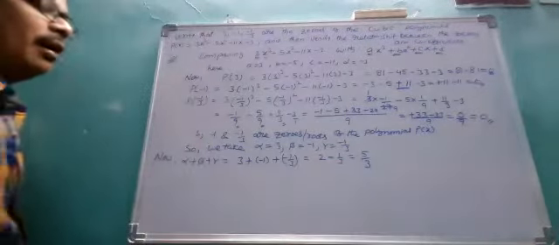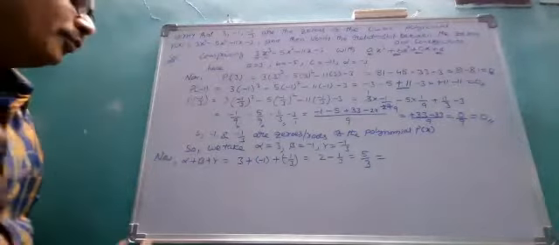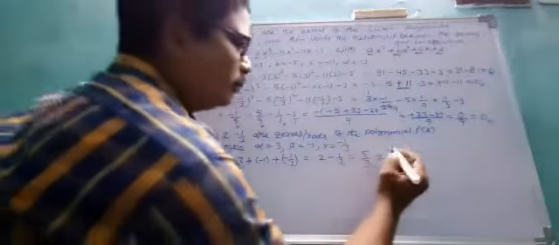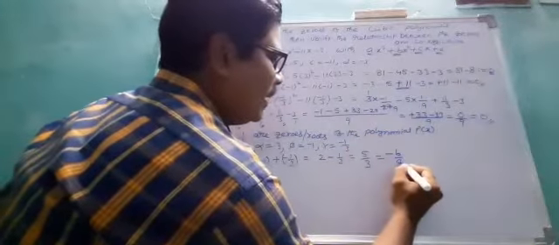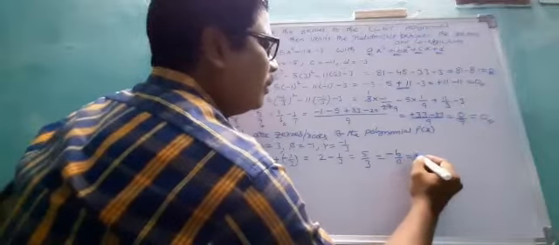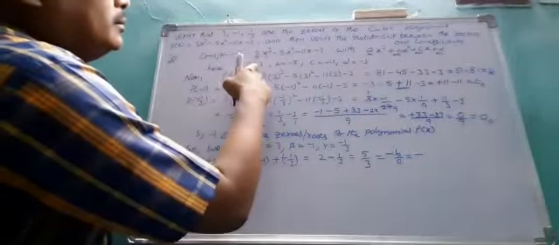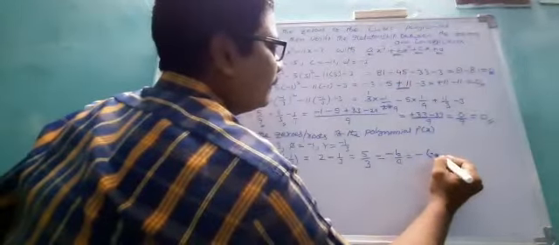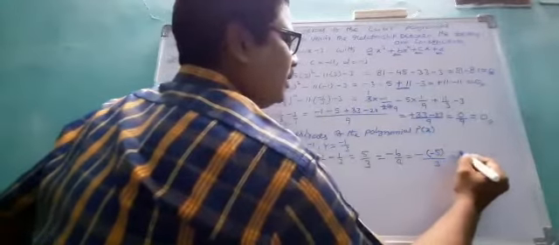5 by 3. Already you know the relation between zeros and coefficients. What is that? Alpha plus beta plus gamma equal to minus b by a. That equals minus b, where we have already written b equal to minus 5 and a equal to 3, that equals 5 by 3.